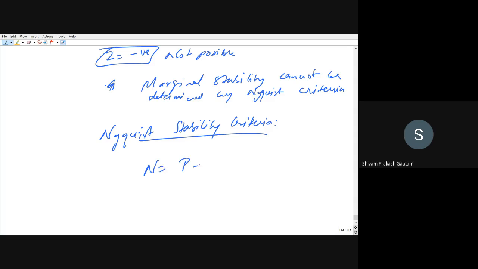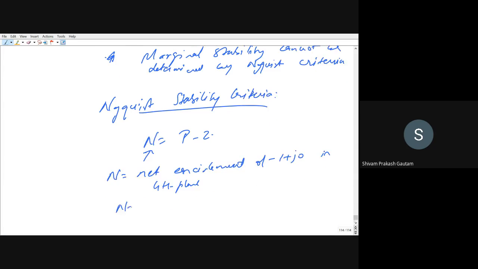N is equal to P minus Z. N is the net encirclement of the -1 plus J0 point in the GH plane. N is positive if the encirclement is anti-clockwise. N is negative if the encirclement is clockwise. So from here you can find out the value of N.